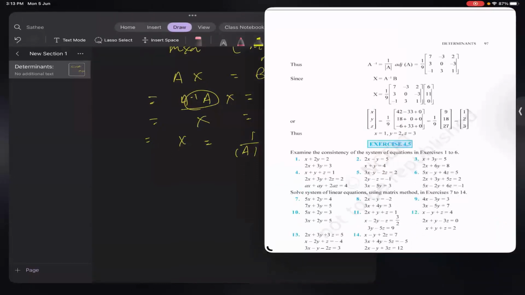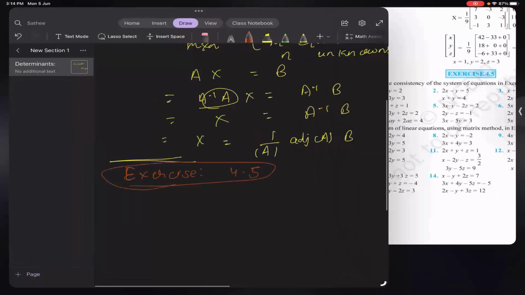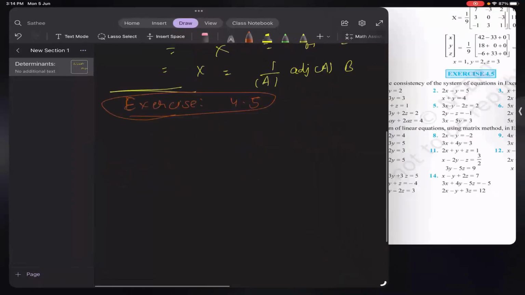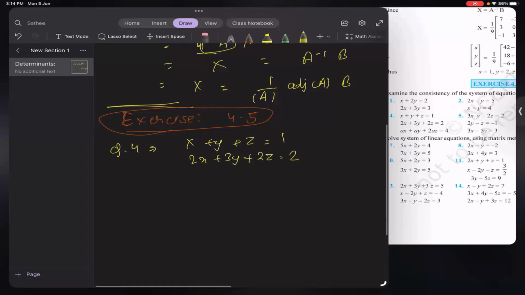Let's take question number 4. It says x plus y plus z equals 1, 2x plus 3y plus 2z equals 2, and ax plus ay plus 2az equals 4.